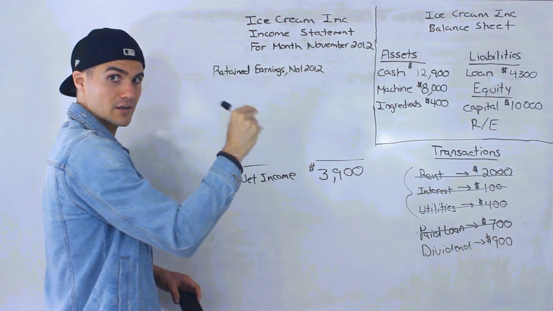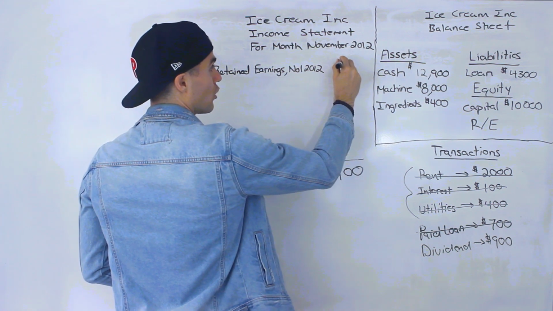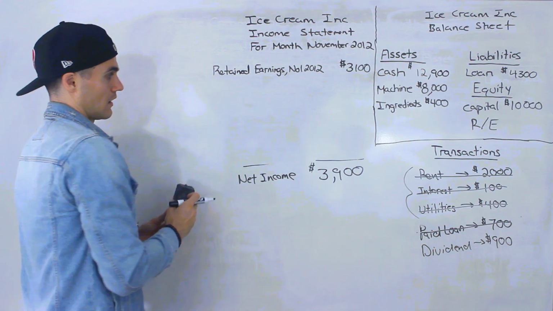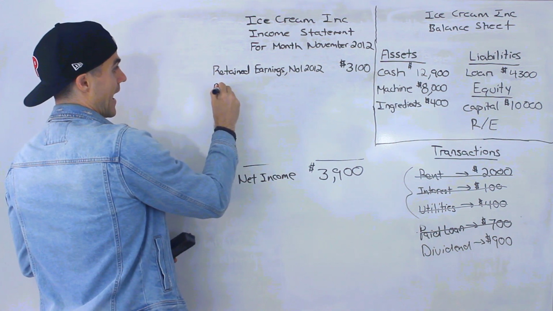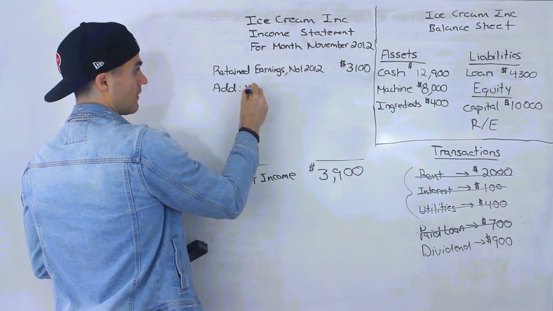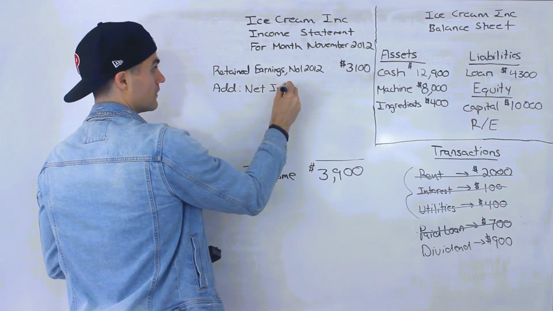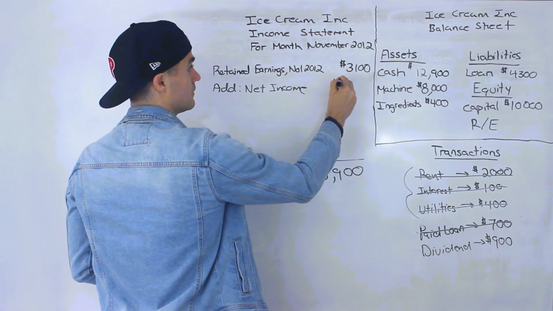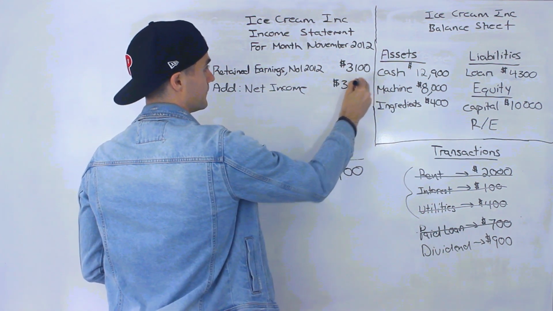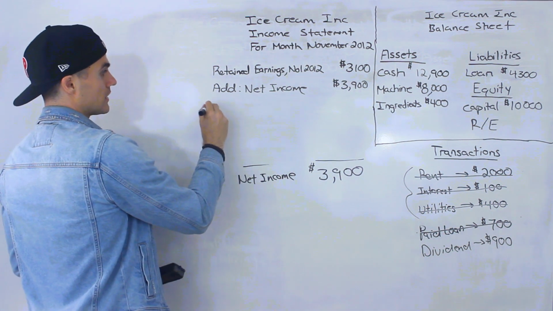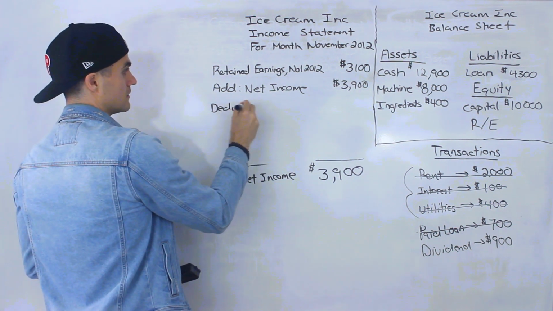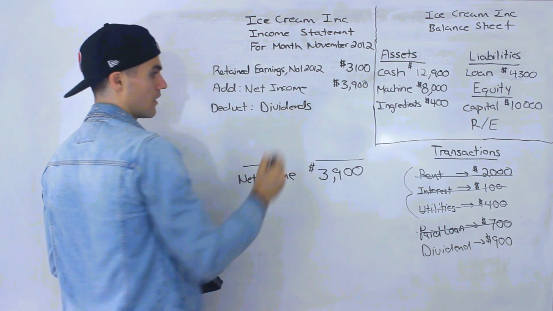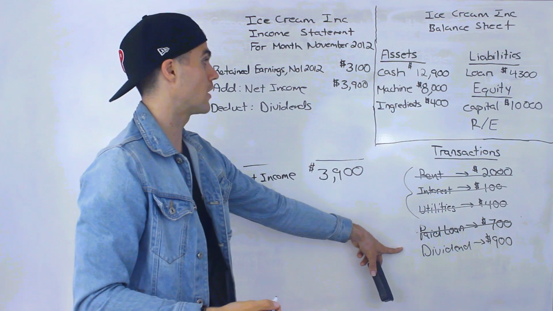If you remember, the retained earnings at the beginning of the period was $3,100. And then what we do is we add the net income for the period, which comes from the income statement, so that $3,900. And then we deduct or subtract the dividends, any money that we take out of the business, this $900 here.